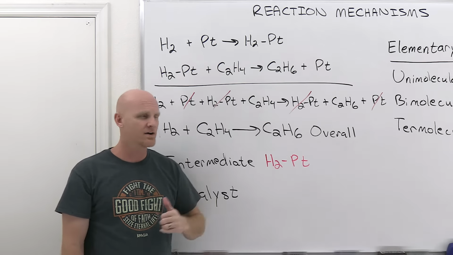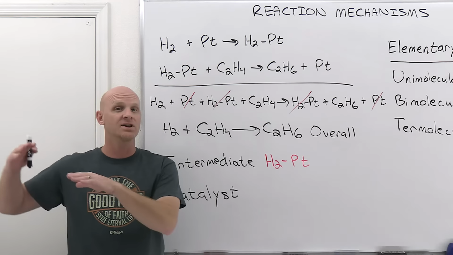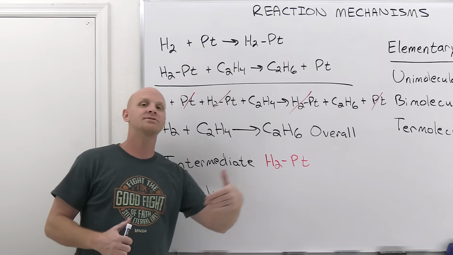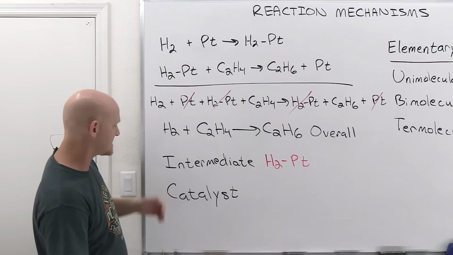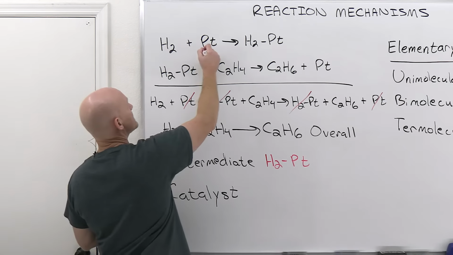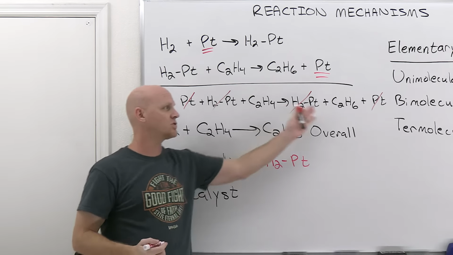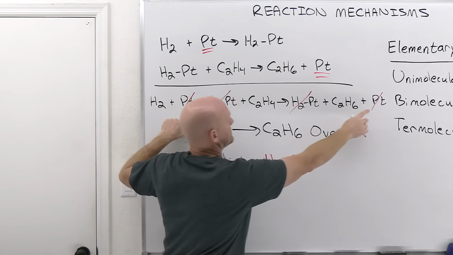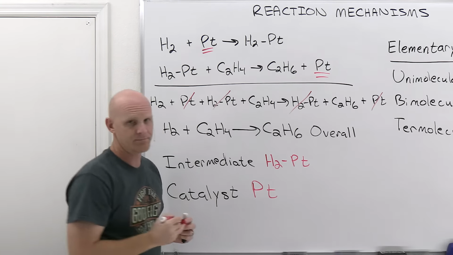However, we're going to find out a characteristic of a catalyst here soon is that they are not consumed in the reaction. So if it's going to get used up early on, it's going to have to get regenerated, reproduced before the reaction's over. And so in this case, it's both a reactant in an earlier step, but a product in a later step. That way, again, it doesn't show up in the overall reaction. Here in this case, it canceled out. And so in this case, that catalyst is simply the platinum.